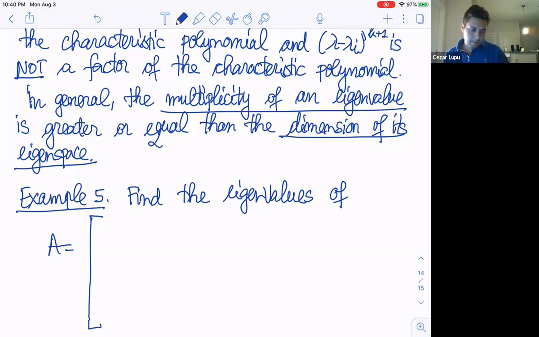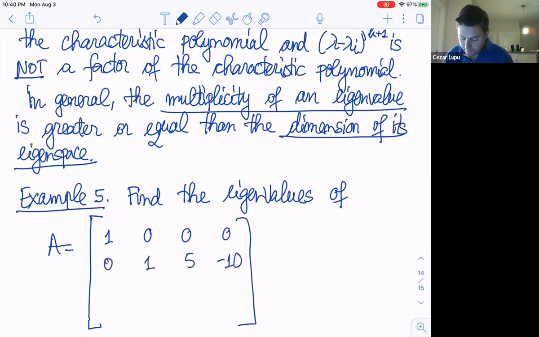Okay. I already did this example, so I don't want to redo it. Just pick any matrix, a 4 by 4, not a 5 by 5. The matrix is 1, 0, 0, 0; 0, 1, 5, negative 10; 1, 0, 2, 0; and 1, 0, 0, 3.